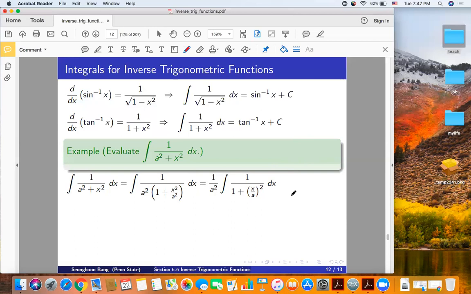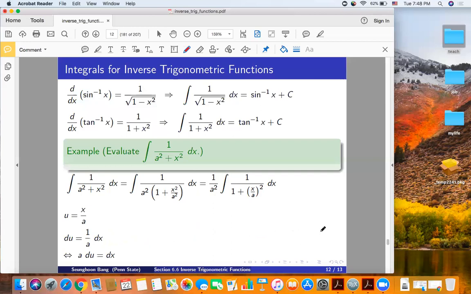We use u substitution. u is the inner function, x over a. du is the derivative of x over a times dx. Since a is constant, take out 1 over a, so x prime dx. x prime is exactly 1 times dx, so the final answer is du equals 1 over a dx.